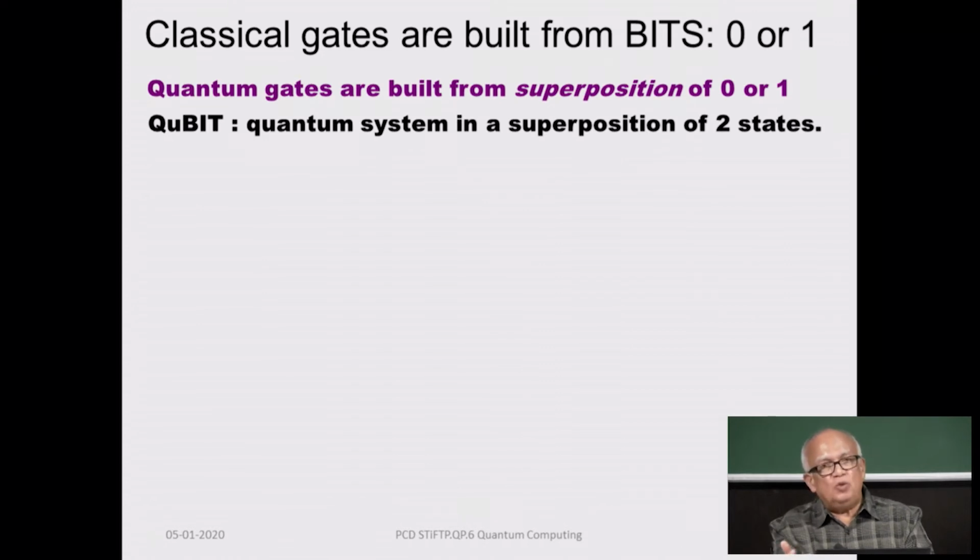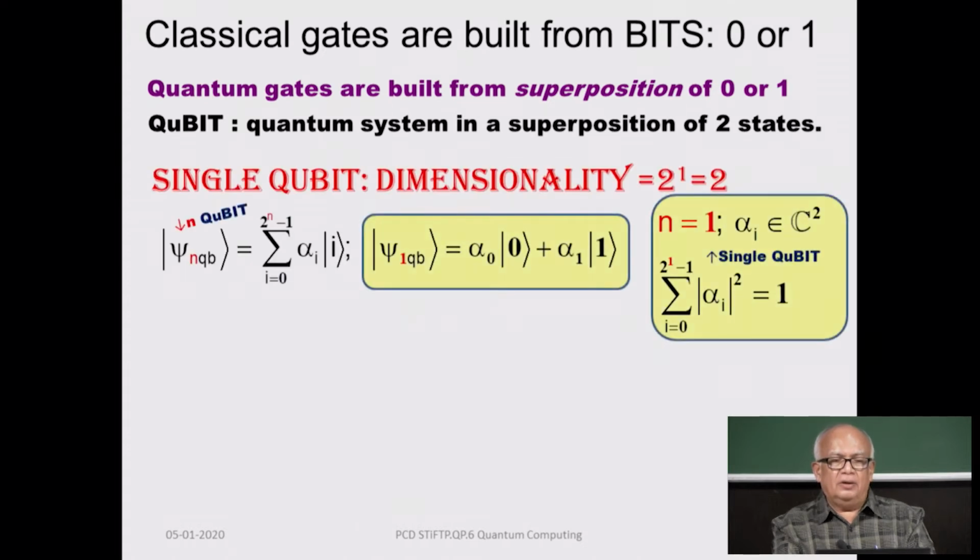This is a quantum superposition of 0 and 1. Okay, so here is a superposition. So this is the state 0, this is state 1. These two states are orthogonal to each other, but the single qubit is expressed as a superposition of these.